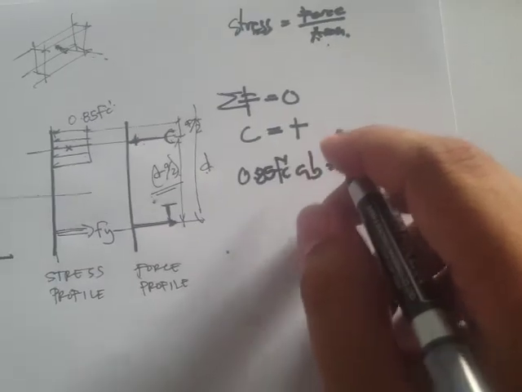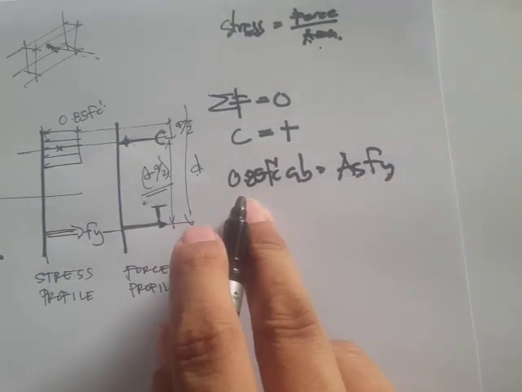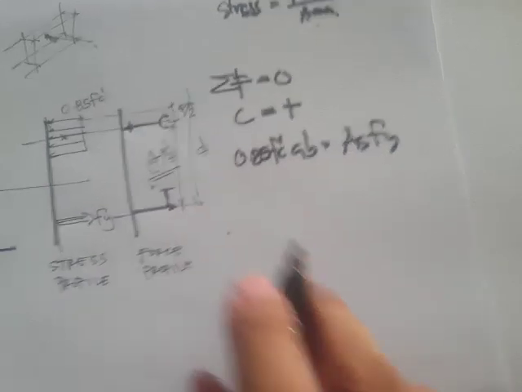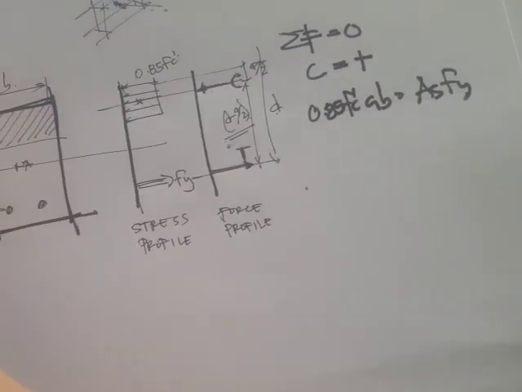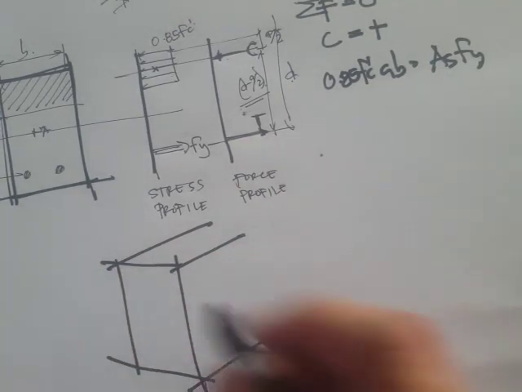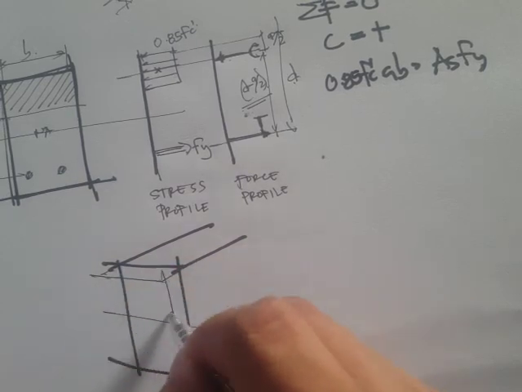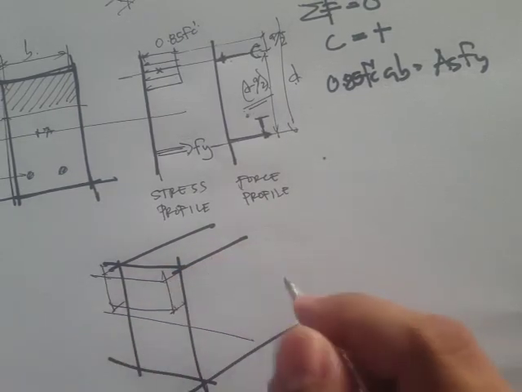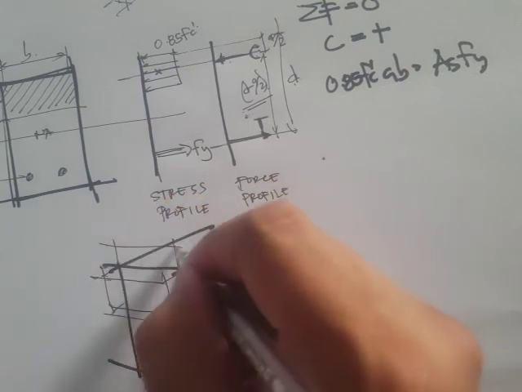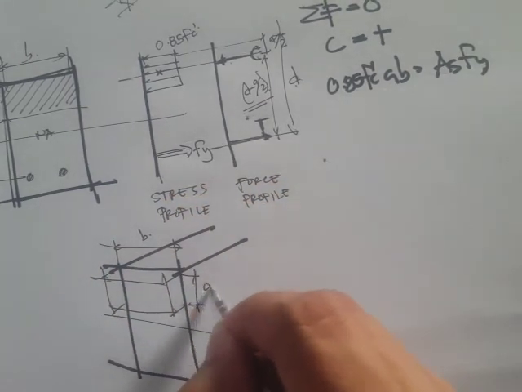Okay, let me write it down first, and then I'll explain it in a while. 0.85 FC prime AB. Okay, so this is our beam width, and then this is our A, right?